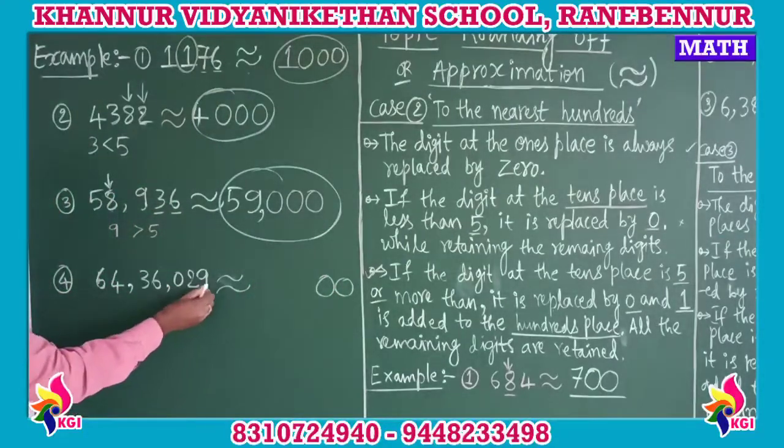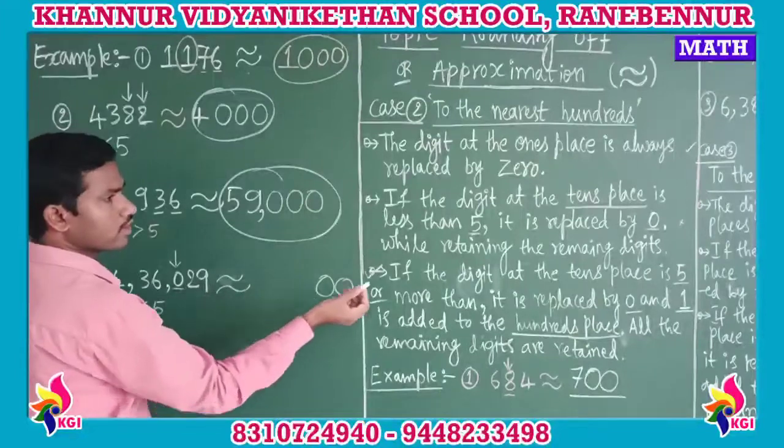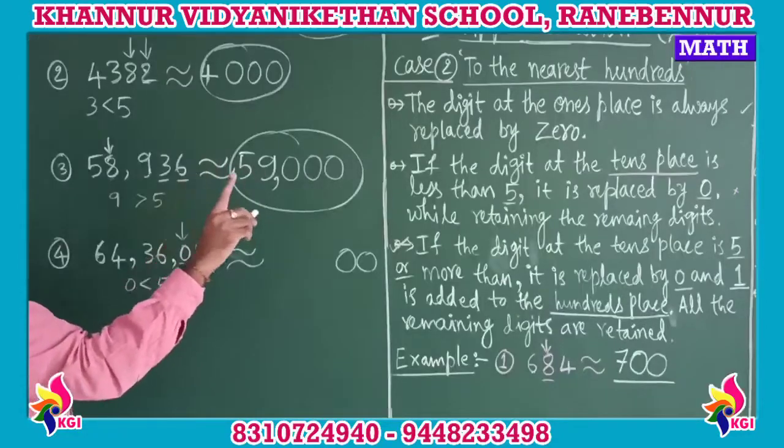First of all, I am writing here in the ones place and tens place. I replace this 9 and 2 by zeros. Next, what is there in the hundreds place? 0. 0 is less than 5. Correct? That's why you keep it. The second condition is telling that if the digit at the hundreds place is less than 5, it is replaced by 0.